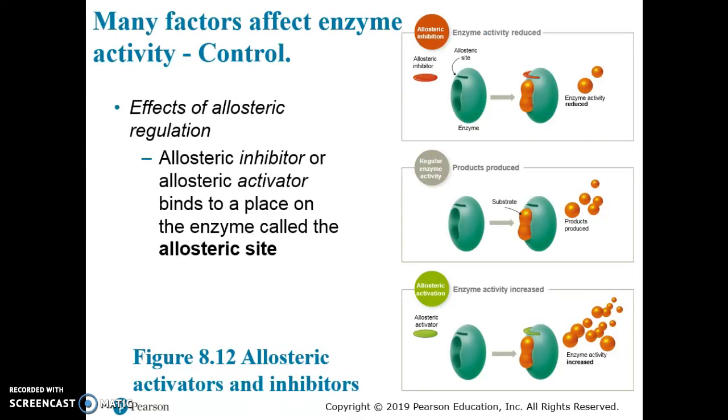With allosteric regulation, you have an allosteric site, and in this case the allosteric inhibitor binds to the site, and enzyme activity is reduced. There's a little bit going on, but not a lot. Here you have no allosteric inhibitor. The substrate binds, and you get lots of products.